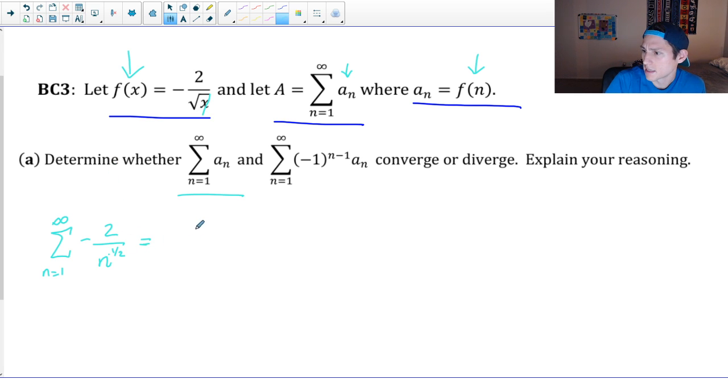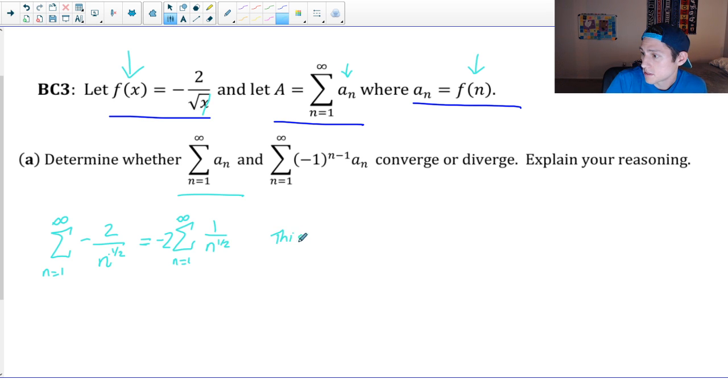This is sort of looking like a p series to me. So let me pull out that negative 2. One over n to the 1/2. So this is definitely a p series.